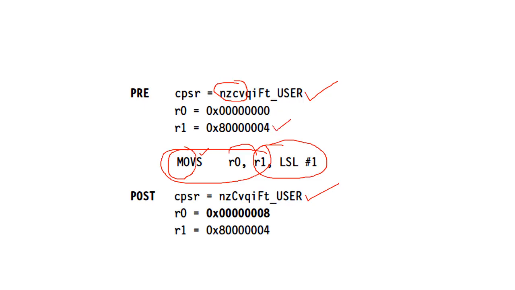Instead I am making a left shift operation on R1 by 1 bit, and then transferring it to R0. So when you transfer the R1 data to R0, the value has been changed because we have applied a left shift operation by 1 bit on R1. So this is how the barrel shifter works.